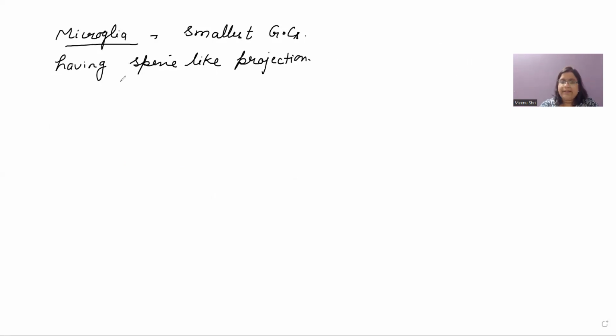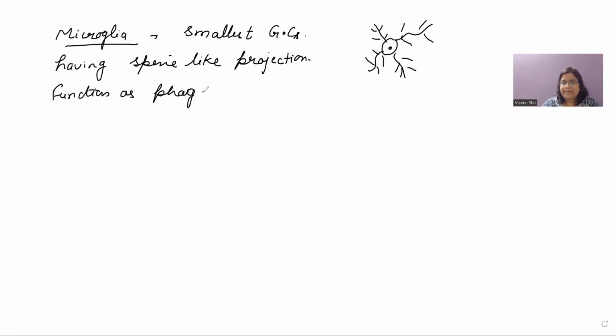First I will draw the diagram. They function as phagocytes, like macrophages.